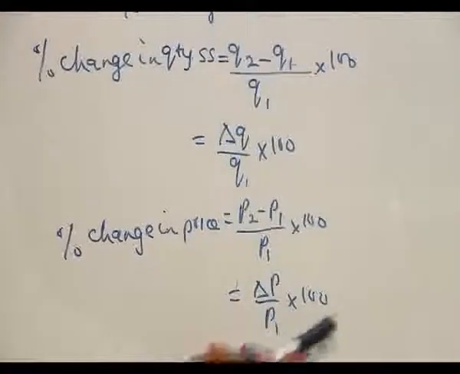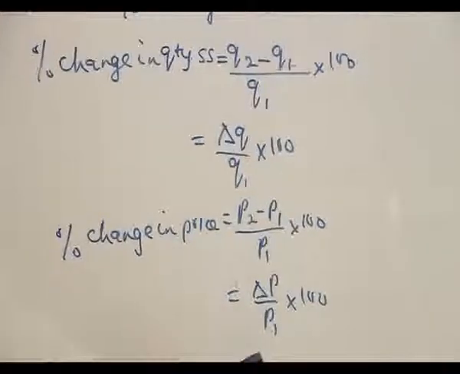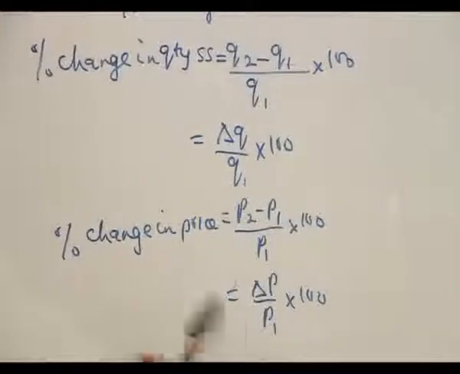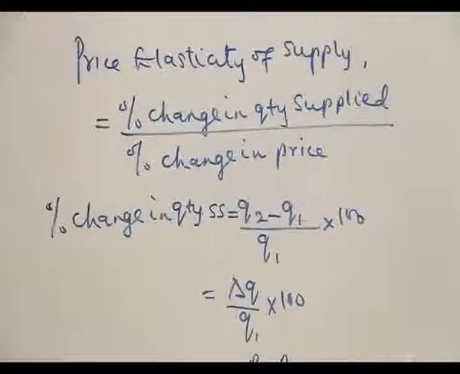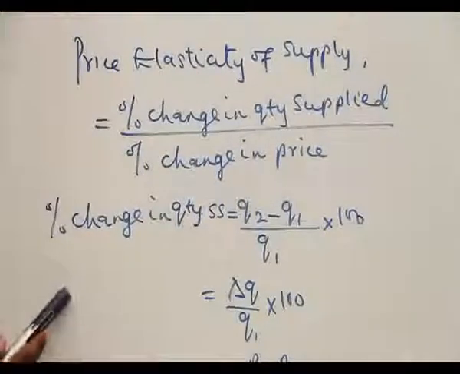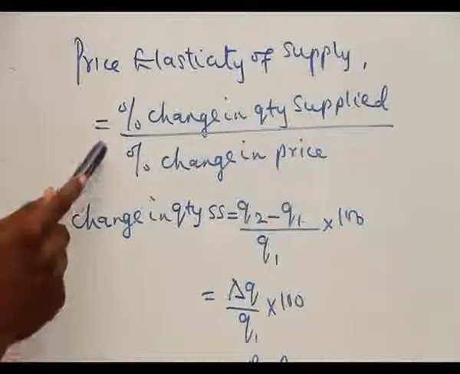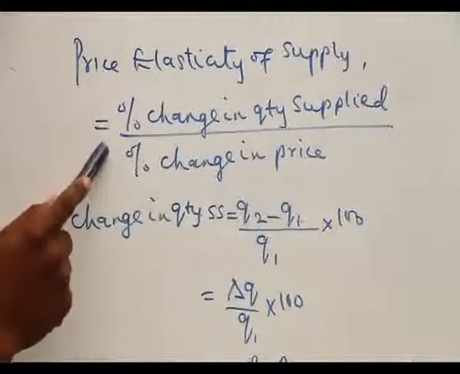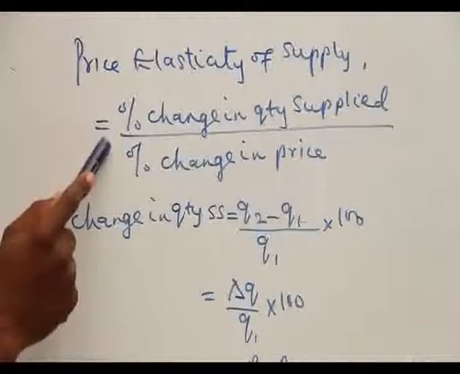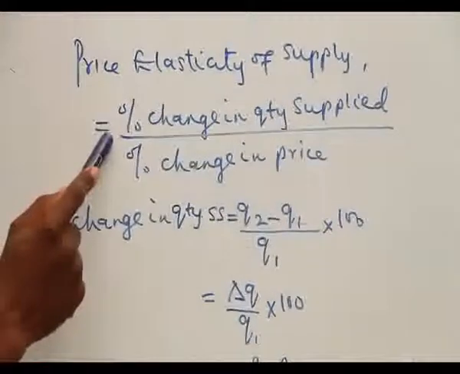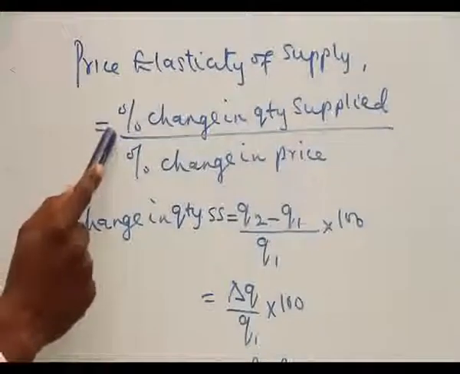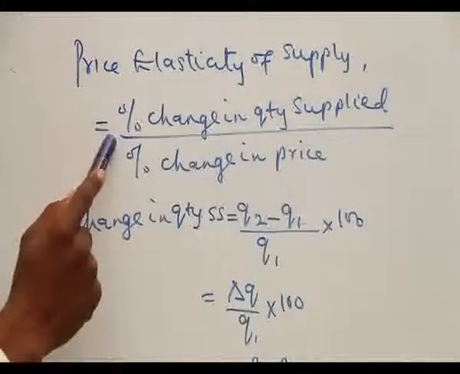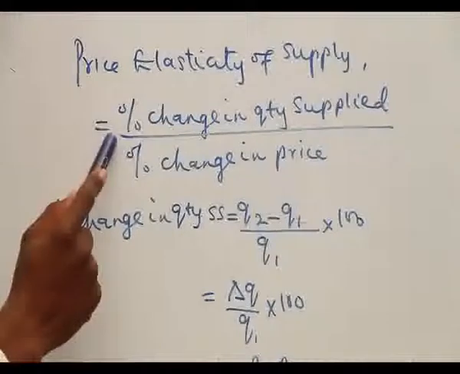The value that you get represents percentage change in price. So the values you get for change in quantity supplied and change in price will be substituted into this formula. At the end, you get a coefficient, that is the coefficient of price elasticity of supply. The coefficient can either be 1, less than 1, or greater than 1.